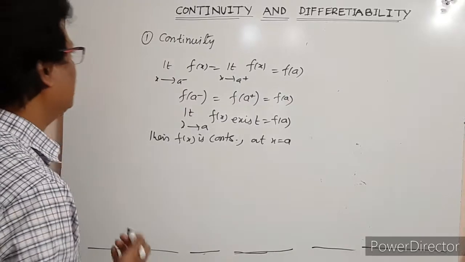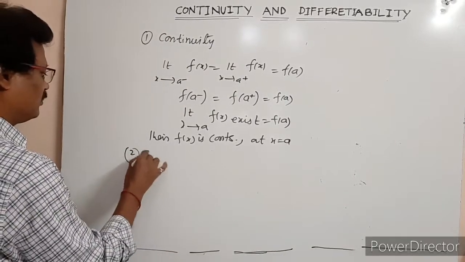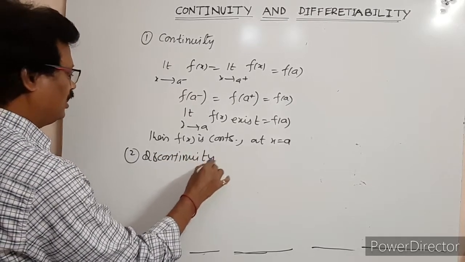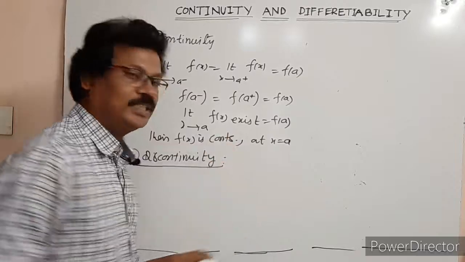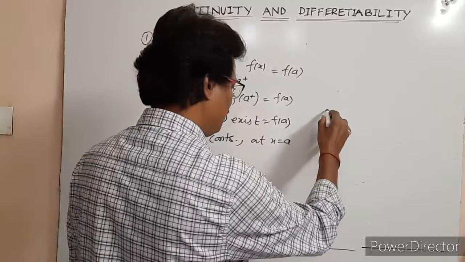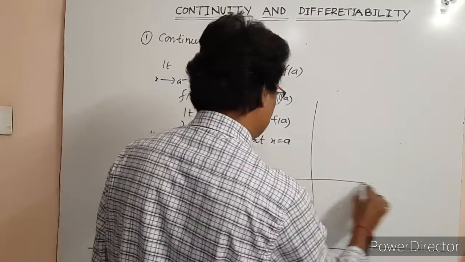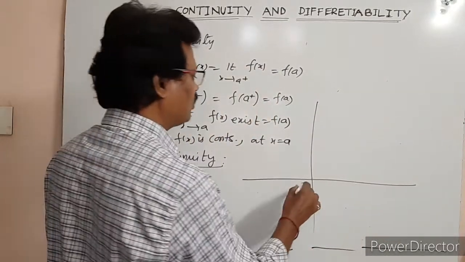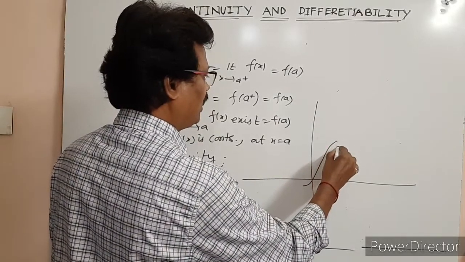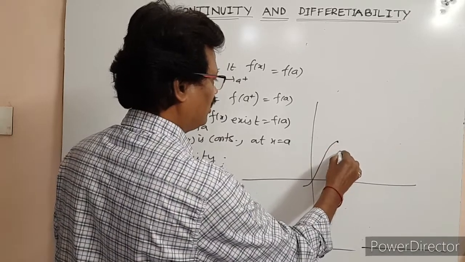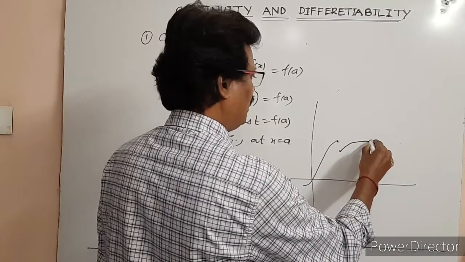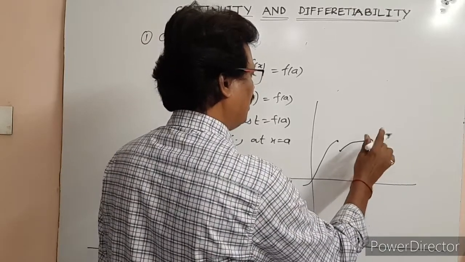Now let us see discontinuity by the graphical method. I am drawing the graph of a function like this. Suppose the graph is going like this, and here it again starts from here and goes like this, and here there is a break in the graph.